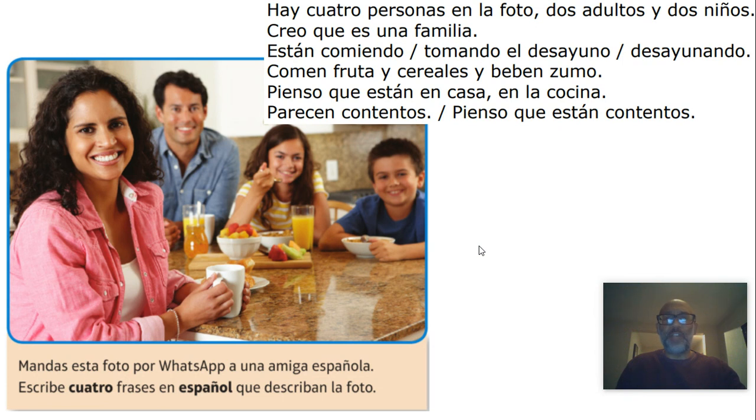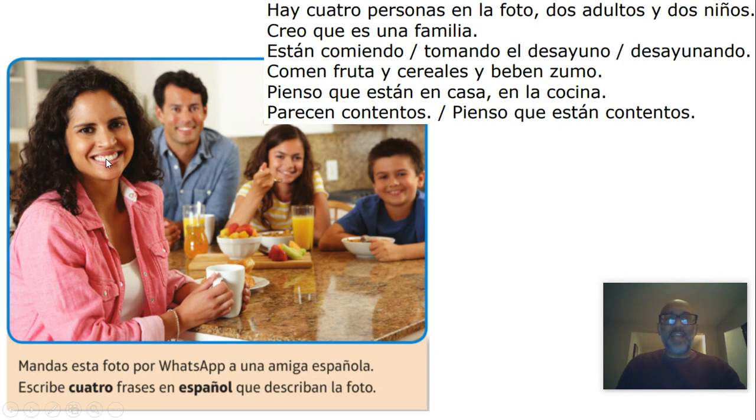For example, you could say, hay un padre, there's a father. You don't know for certain that he's a father. However, as long as what you say is reasonably possible to be true, then it's fine, based on what you can see in the picture. Other things you can mention, things such as what they're doing.